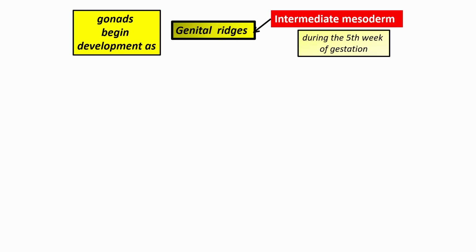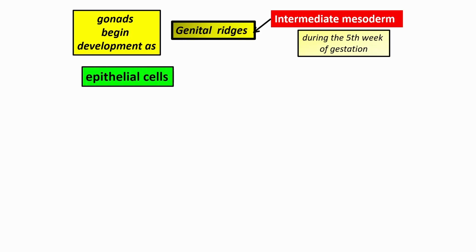The middle paper or the middle layer of the embryonic disc is a mesoderm, and the mesoderm divides into 3 segments, and you can refer back to the slide and see that the mesoderm is going to divide into 3 segments: the paraxial, the intermediate, and the lateral.